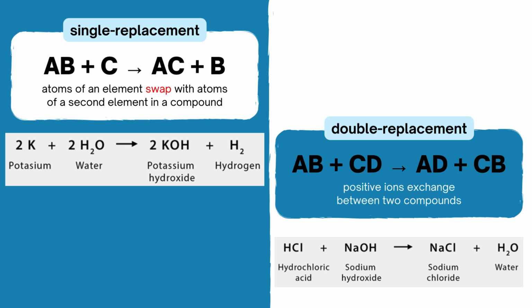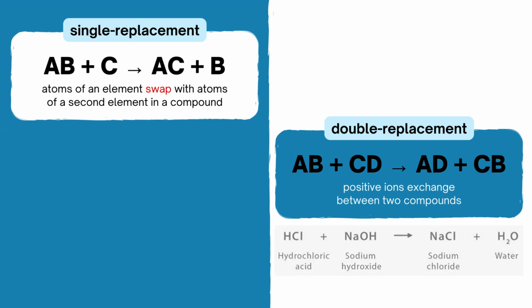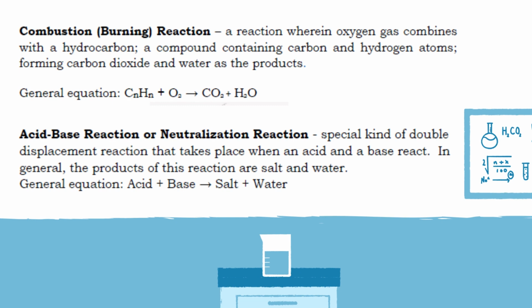Aside from these four chemical reactions, there are two special types. We have the combustion or burning reaction, a reaction wherein oxygen gas combines with a hydrocarbon, a compound containing carbon and hydrogen atoms, forming carbon dioxide and water as products. It has a general equation CnH2n plus oxygen gas yields carbon dioxide plus water.